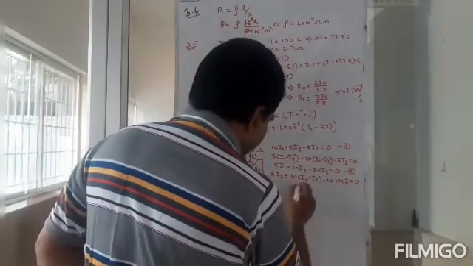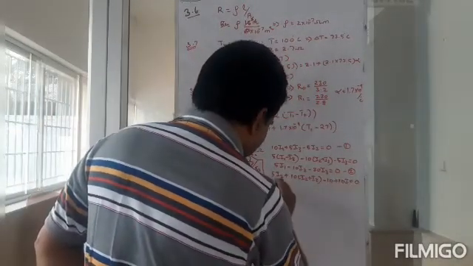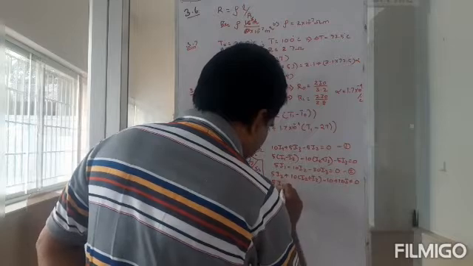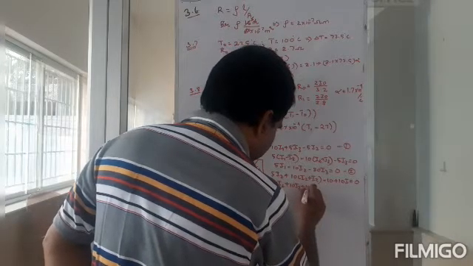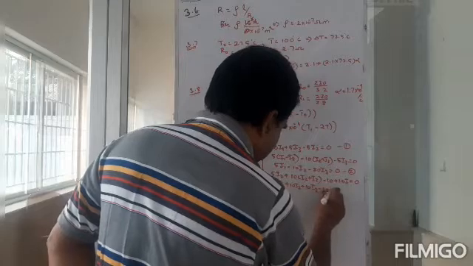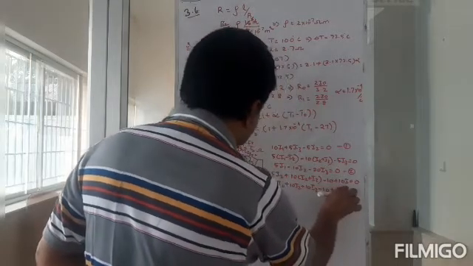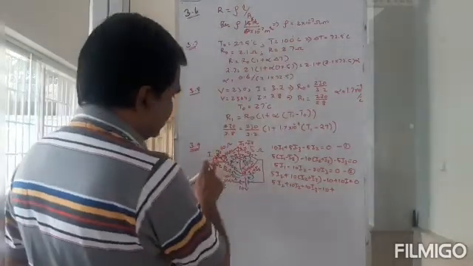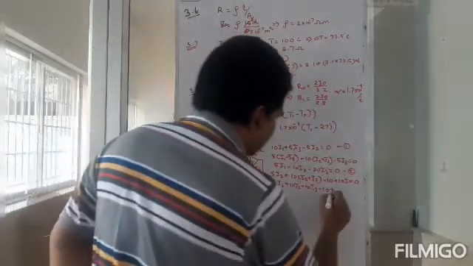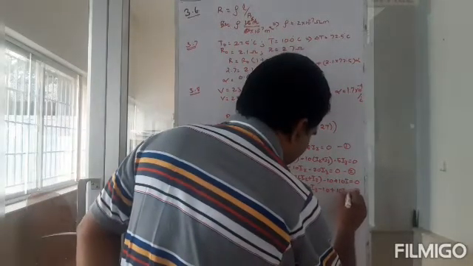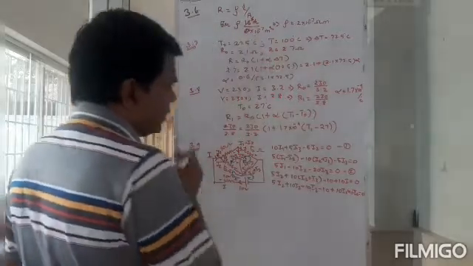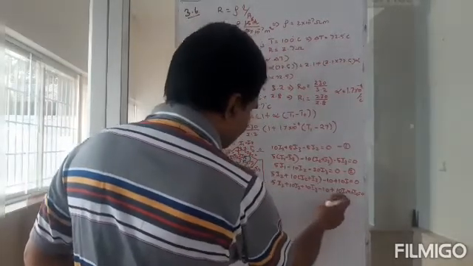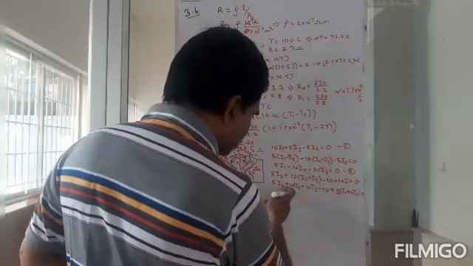So it will be 5 I2 plus 10 I2 plus 10 I3 minus 10 plus, instead of 10 I, I'm going to have I1 plus I2. I is equal to I1 plus I2, right? So that's going to be 10 I1 plus 10 I2 equals 0. So how many I1s do I have? 10 I1, that's all.